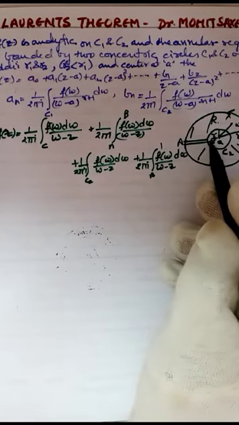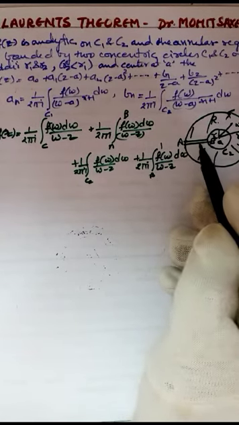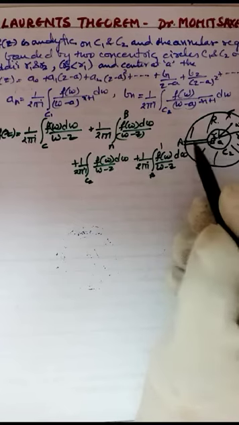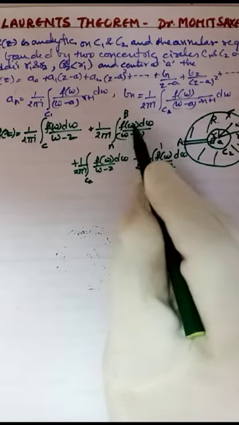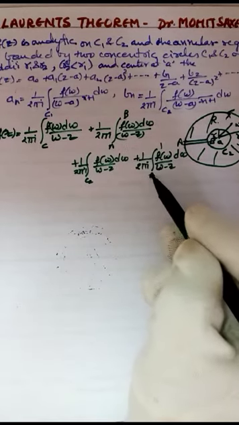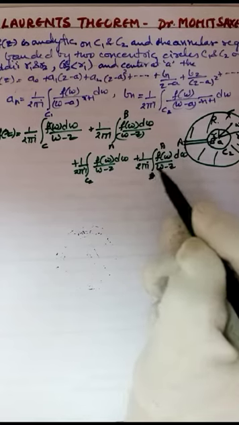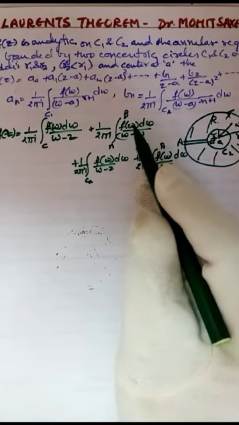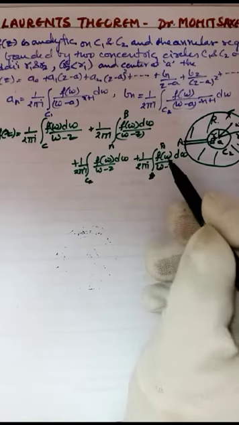So for this region bounded by two concentric circles and the cross cut A to B, the integrals of f(w) upon (w minus z) from A to B and from B to A have the same numerical value but opposite sign.